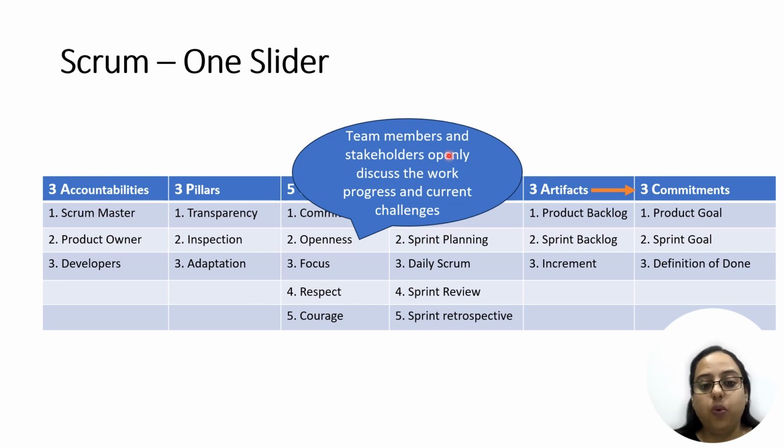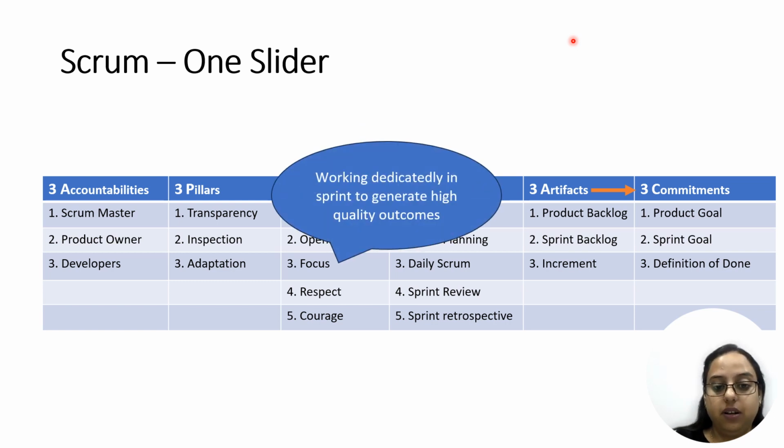The next is openness, right? Team members and stakeholders openly discuss the work progress and current challenges. An example of openness is talking transparently about the impediments or the blockers that you have in the daily scrum calls, right? That is an example of openness, not hiding anything. Focus, right? Focus is working dedicatedly in a sprint to generate high quality outcomes.